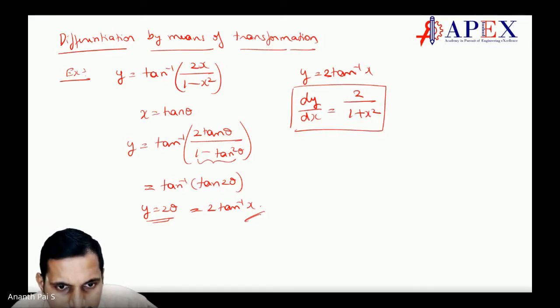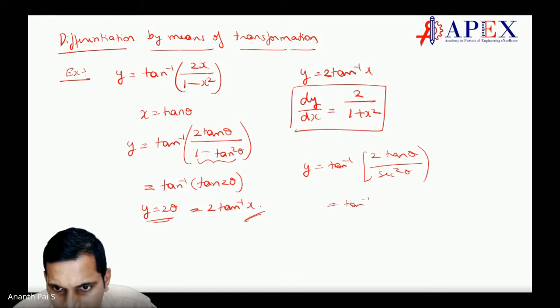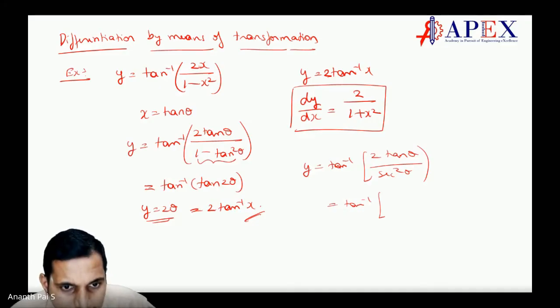Yes, sir. What do we get after that? I'm getting 2, secant square theta is 1 by cos square theta, right, sir? Fine. But 1 plus tan square theta is secant square theta, not 1 minus tan square theta. Yes, sir.